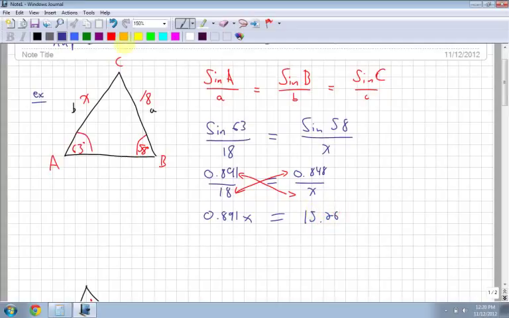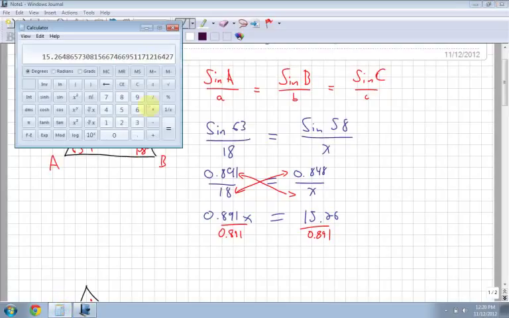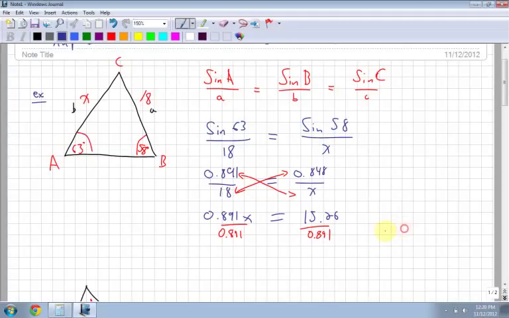And then for the last step, we have to divide by the 0.891. That's just using algebra, dividing by 0.891 on both sides. So I take my value there, divided by my 0.891, and I end up with 17.13.